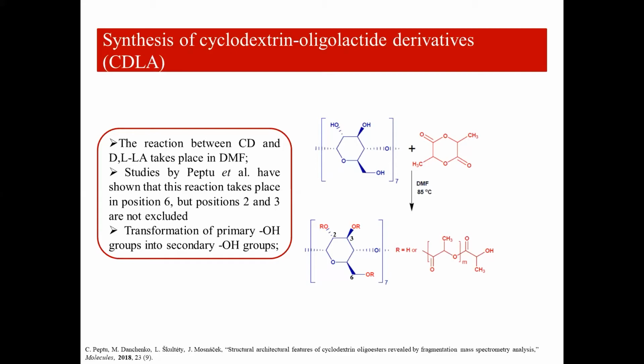Studies have shown that these products are randomly modified at all hydroxyl groups, but especially in position 6 at the primary hydroxyl group. This fact is very important in the context of preparing hydrogels because the primary hydroxyl groups, theoretically more reactive, are modified into secondary hydroxyl groups, which leads to a uniformity of the hydroxyl component.